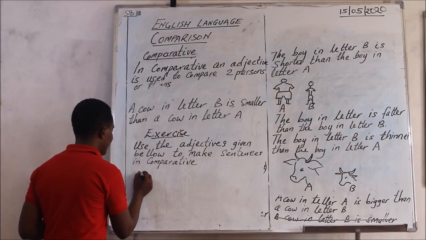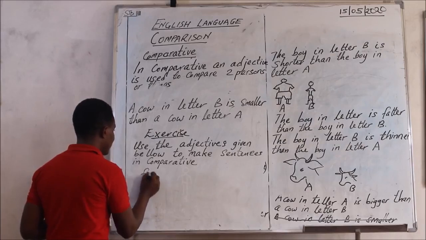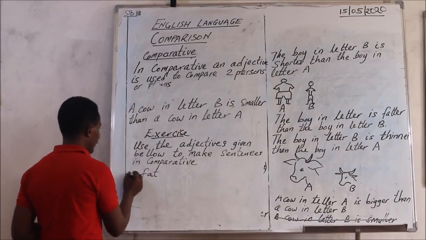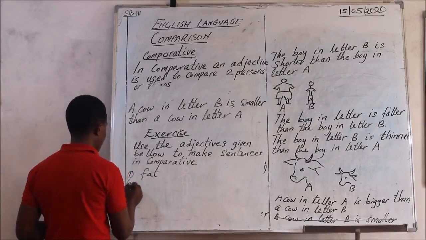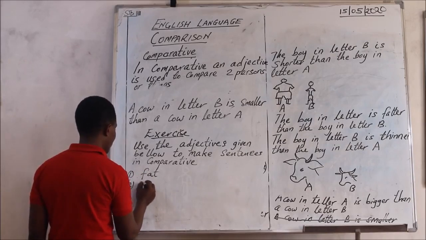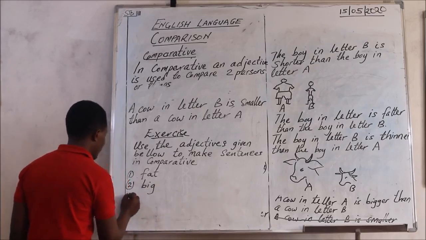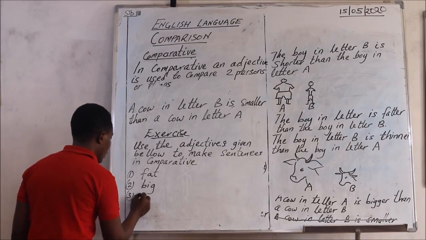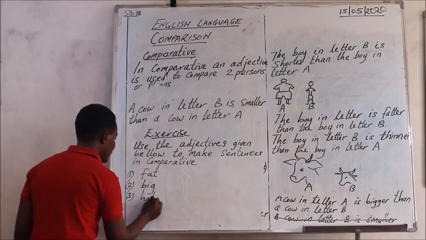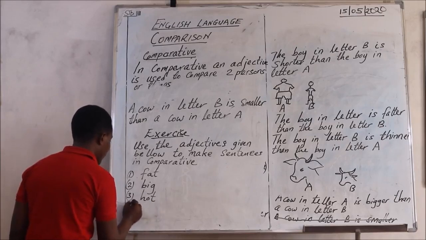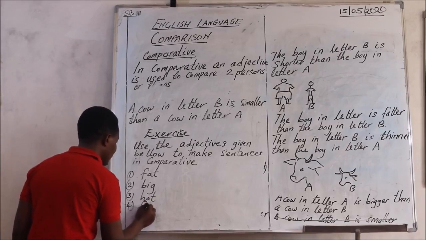Number one, fat. Number two, big. Number three, hot. Number four, fast.